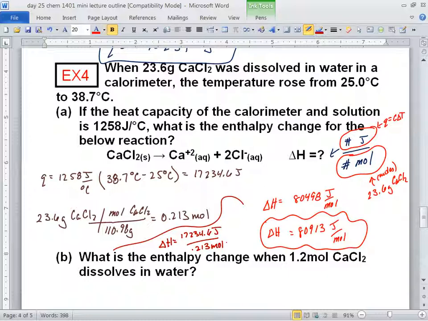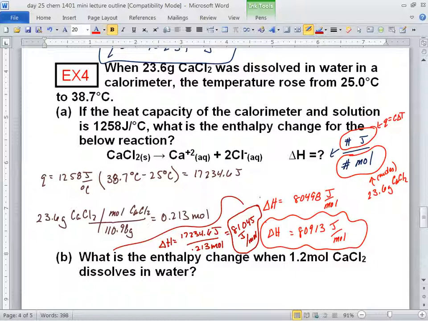10,044. I think it depends on how many digits you carry out. Because I carried out a lot of digits. So I got 81,045. So I think it depends on the digits, right?